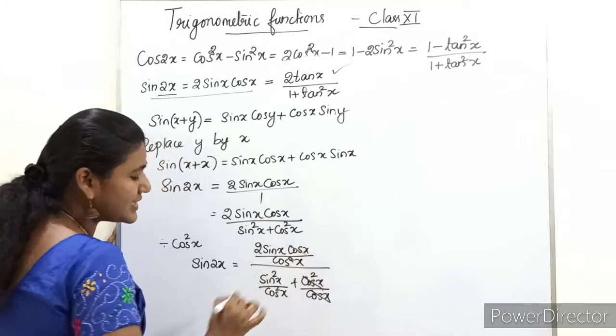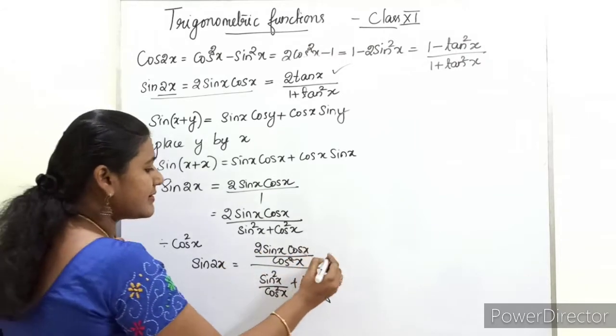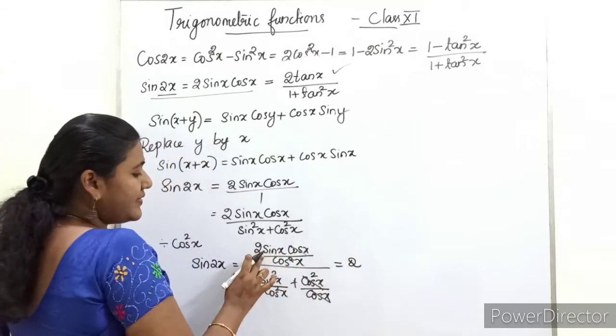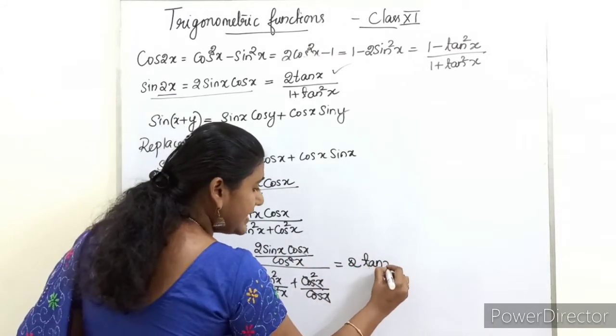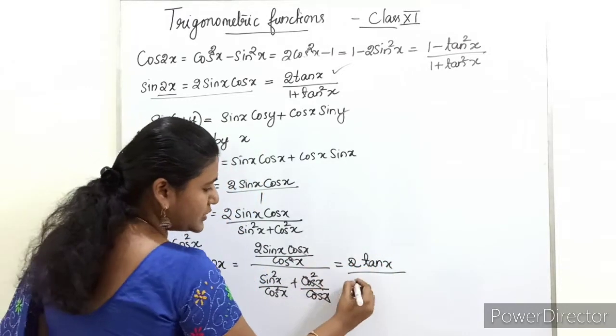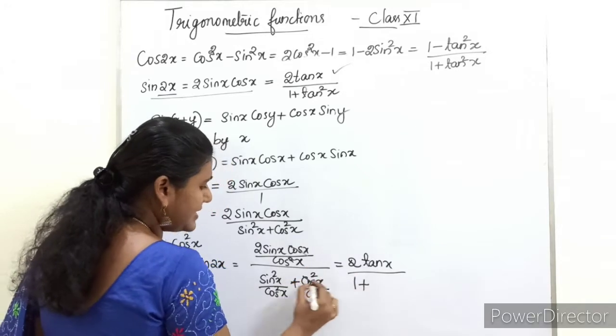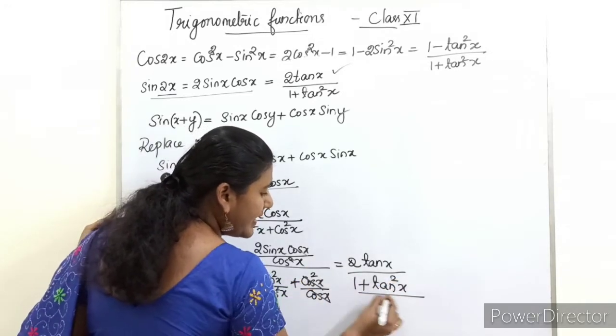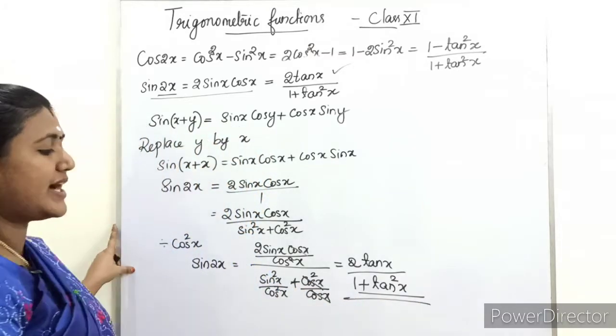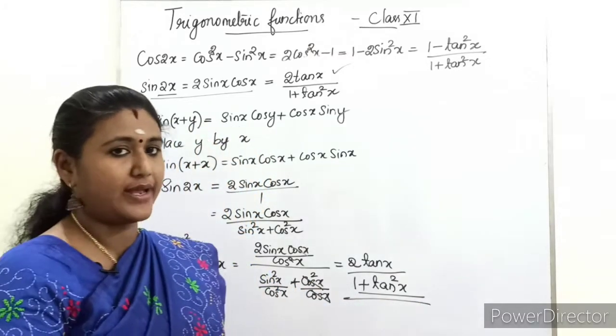Here 1 cos x will get cancelled. So what is the remaining? Numerator we will have 2 into sin x by cos x, that is tan x, divided by, here we have 1. So 1 plus, we can write it as tan square x. So sin 2x formula is 2 tan x divided by 1 plus tan square x.